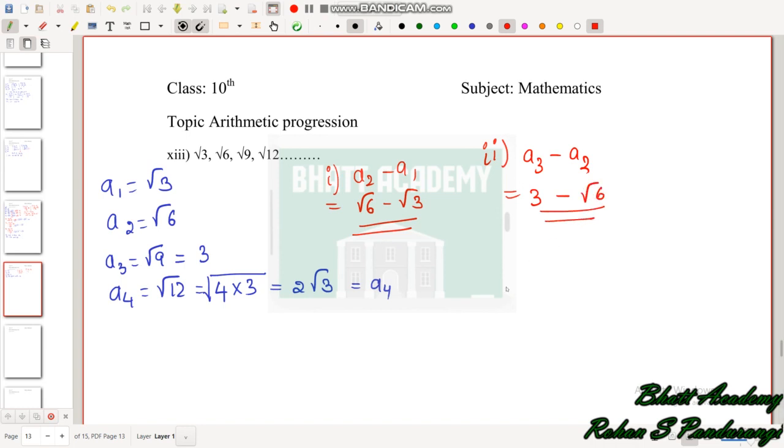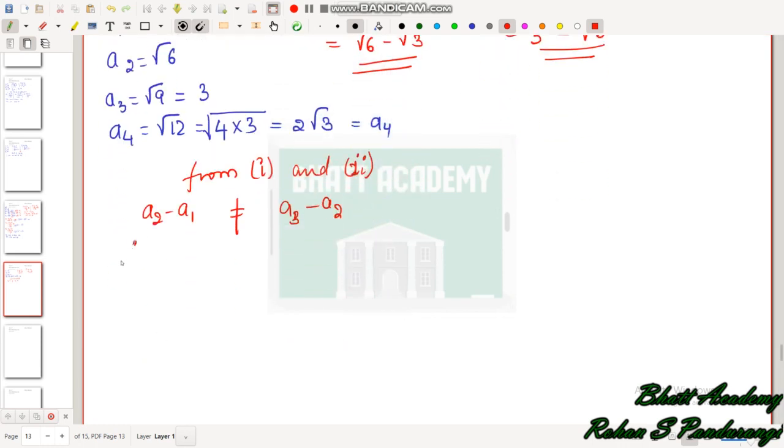We cannot modify this further either. So from 1 and 2, we can see at a glance that these two are not equal. Therefore a2 minus a1 is not equal to a3 minus a2. So we can conclude that the numbers are not in arithmetic progression.